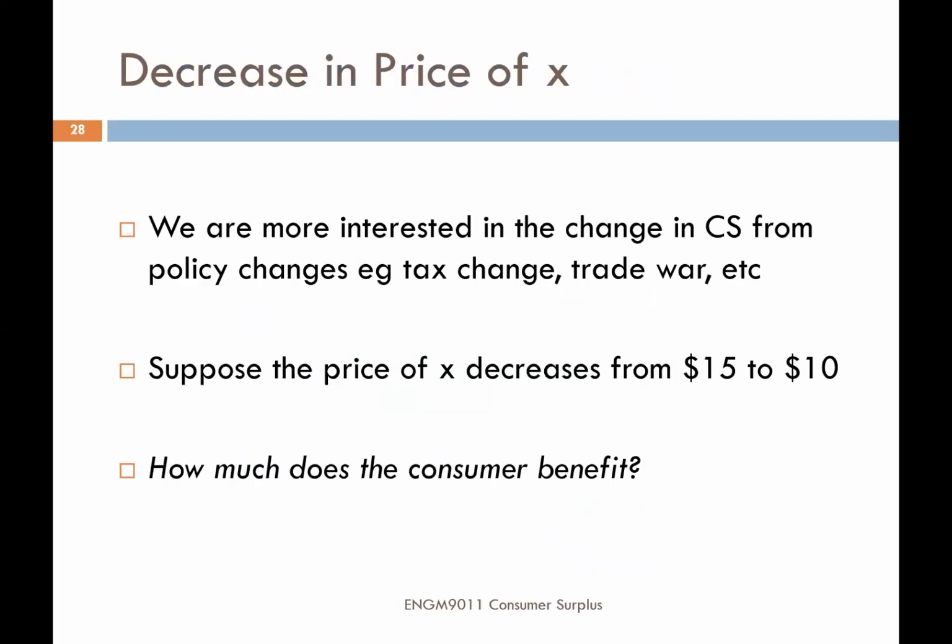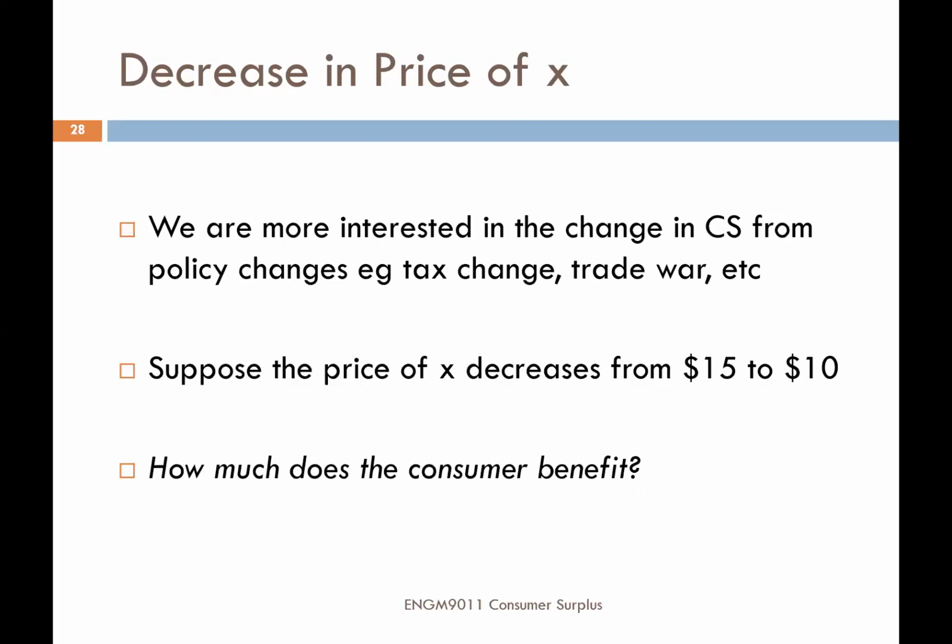Now, that was calculating the consumer surplus at a particular price. Typically, when doing policy analysis, what we are interested in is seeing how consumer surplus changes from a change in policy. Right? So a change in policy, like putting, say, a tax on imported steel, raises the price of steel to consumers, or in more realistic terms, the price of goods that use steel that consumers use.